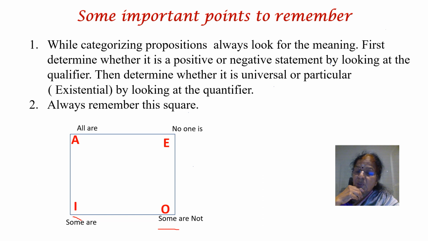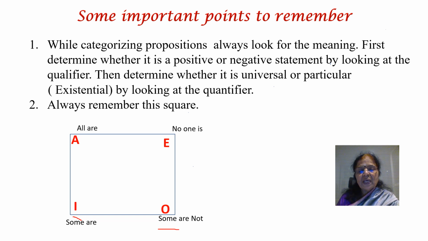It is considered as universal, not particular. So if they give all except one is sick, it's a positive statement. And here all but one, all except one, that means it is all. Only one person, one number is permissible, allowed.